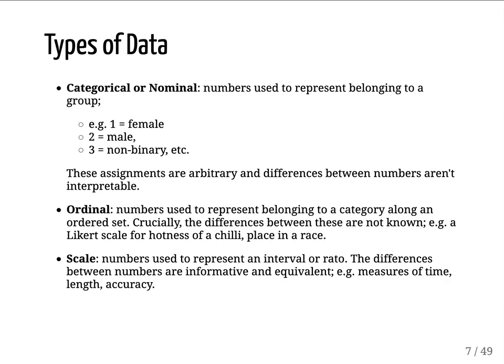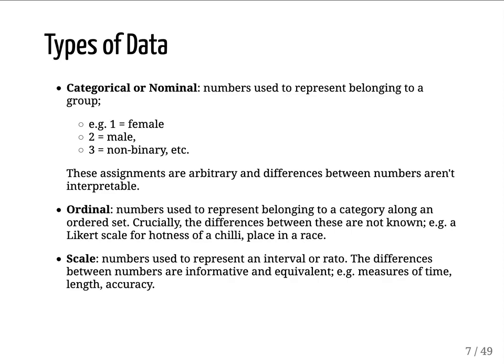We know what they mean to us, but it wouldn't matter if I switched them around. If 2 became female, 1 became male, or non-binary became 1, and we shuffled all these numbers around, it doesn't matter in terms of the interpretation of the statistics. These are just numbers related to categories that we've assigned.